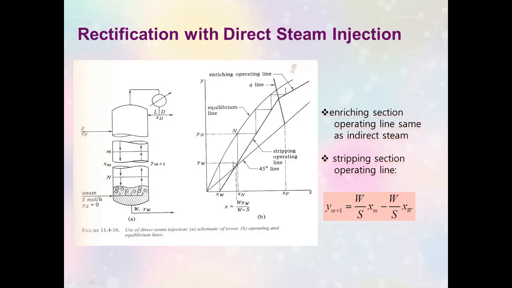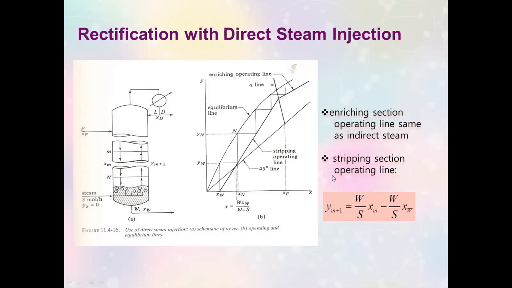So in that case, you will be needing an extra fraction of a stage, because instead of having it here, now it is right on the x-axis. So it will not really require one additional stage, but an extra fraction of a stage. The enriching section operating line is still to be drawn as is, based on the procedure if we were not using steam, or if steam is not directly injected into our still.